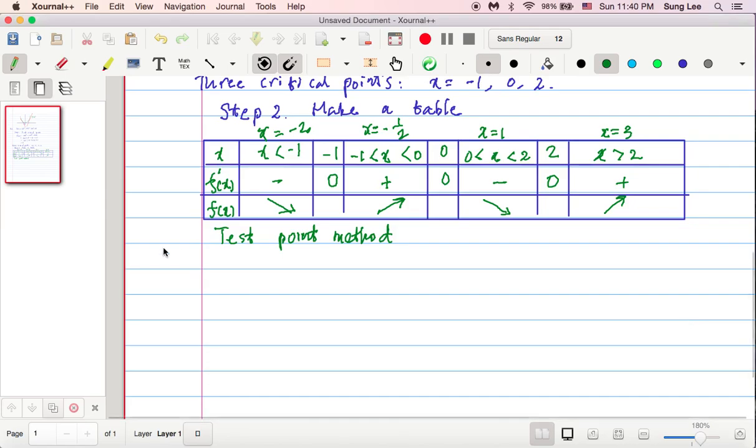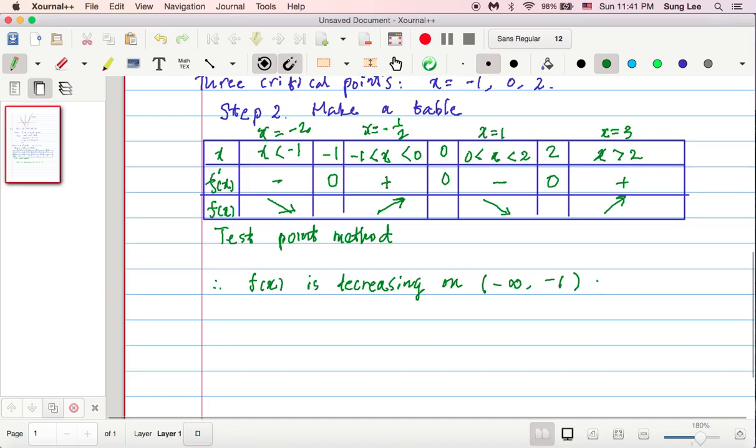Okay, so the answer here is f of x is decreasing on the interval -infinity to -1 or 0 to 2, right?